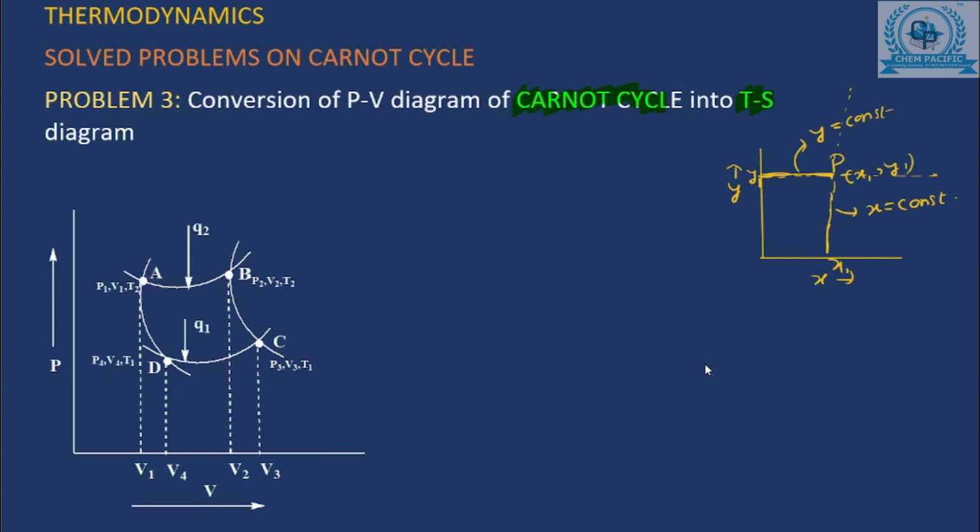Now it is very much clear to us कि जब भी कोई line y is constant होगा, then it is going to be parallel to the x-axis, और जब भी कोई line x is constant होगा, then it is going to be parallel to the y-axis.